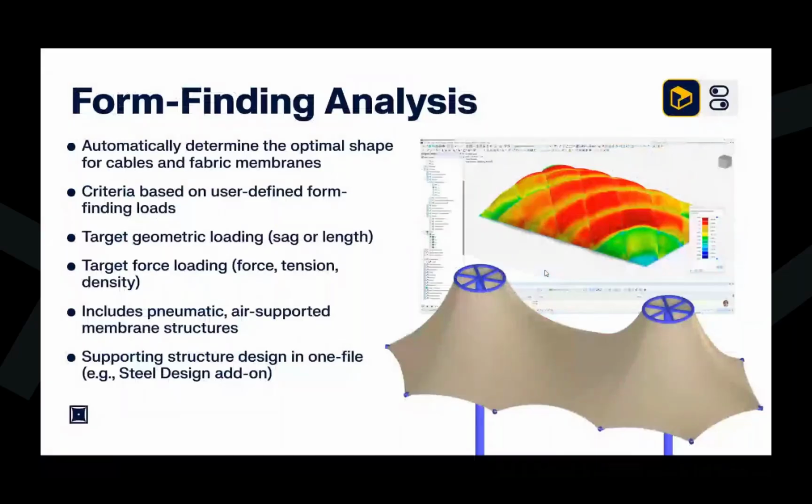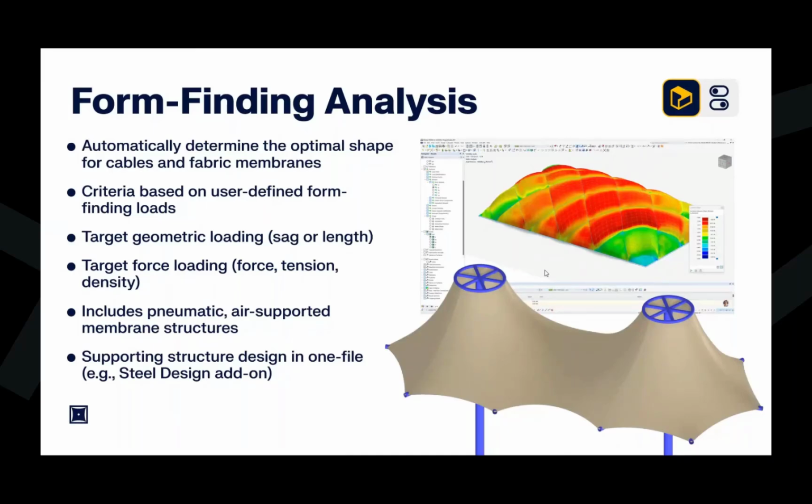Within RFEM, we have the ability to model a cable element as a completely straight member, or model a fabric membrane as a flat surface, as a standard surface. And once we input this form finding load, this pre-stress load, the program automatically calculates the best shape for us, this catenary shape. So we don't have to model this manually within RFEM.